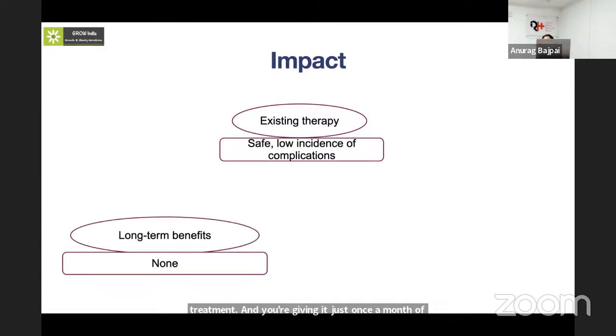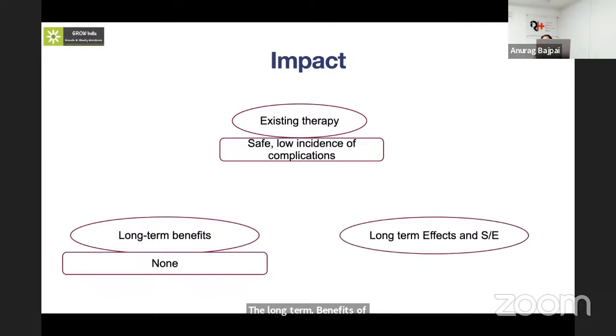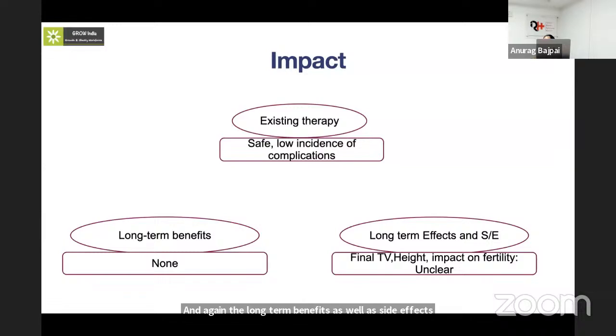The long-term benefits of aromatase inhibitors cannot be generalized from the given study, and again, the long-term benefits as well as side effects. As Sir said, aromatase inhibition is likely to increase your intratesticular testosterone. We have no data on the final height of these children.